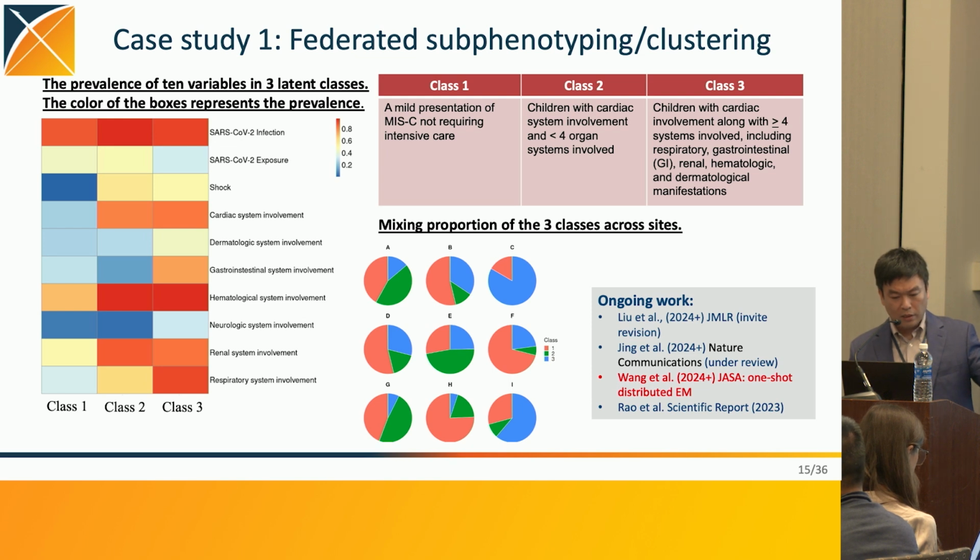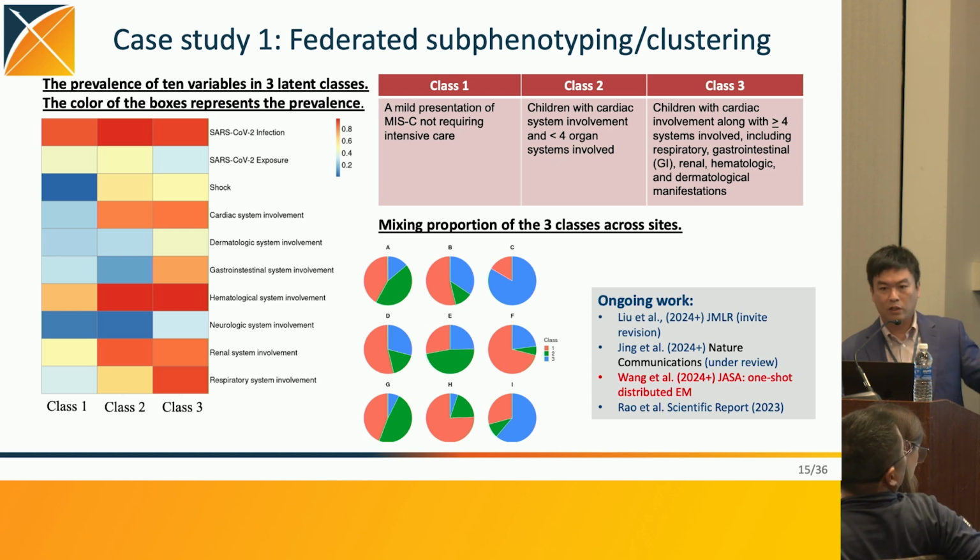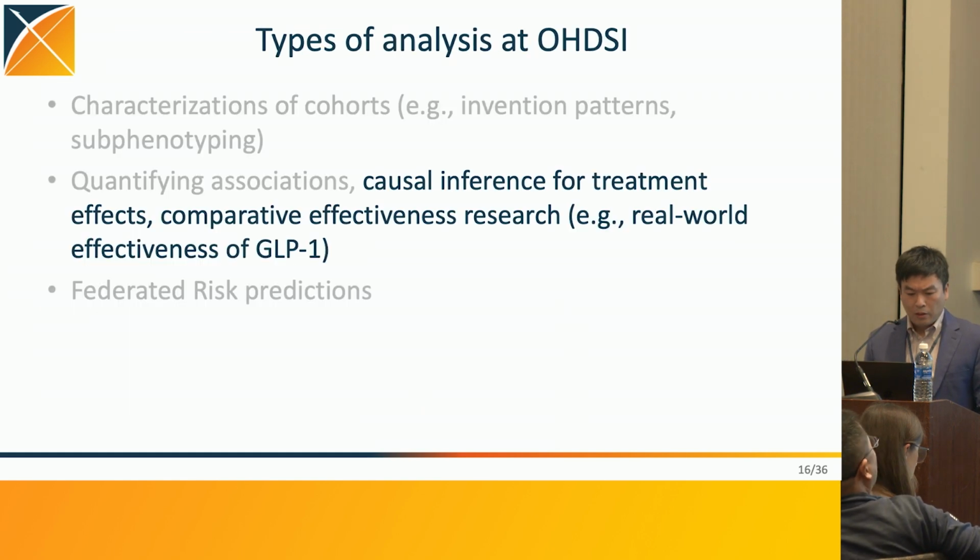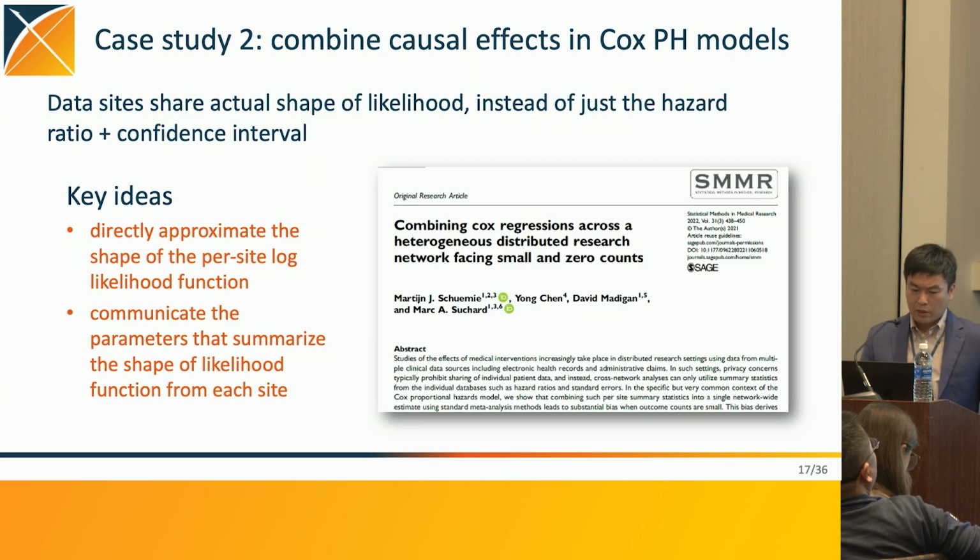In this setting with the 9 hospitals, as you can see, the composition of different subtypes is very different across different children's hospitals. The other analysis, which I think we presented in last year's tutorial at the SOS challenge, is combining causal effects.